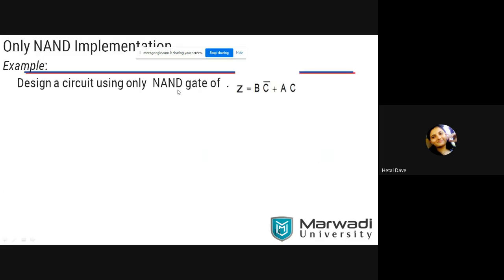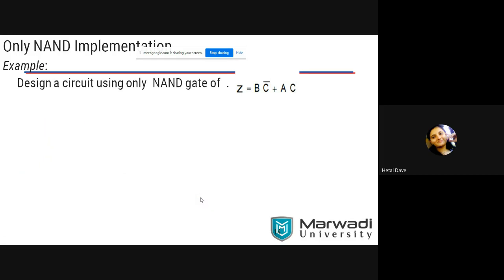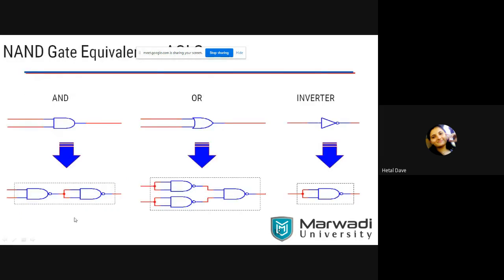Okay. Now here, what is our aim? We need to design our circuit using only NAND gates. The first step is to draw the actual circuit. Second step, we need to replace each gate by its equivalent circuit. So this is the equivalent circuit using NAND gates. The NOT gate we can draw like this. The OR gate will be replaced by this configuration, and the AND gate will be replaced by this back-to-back NAND connection.